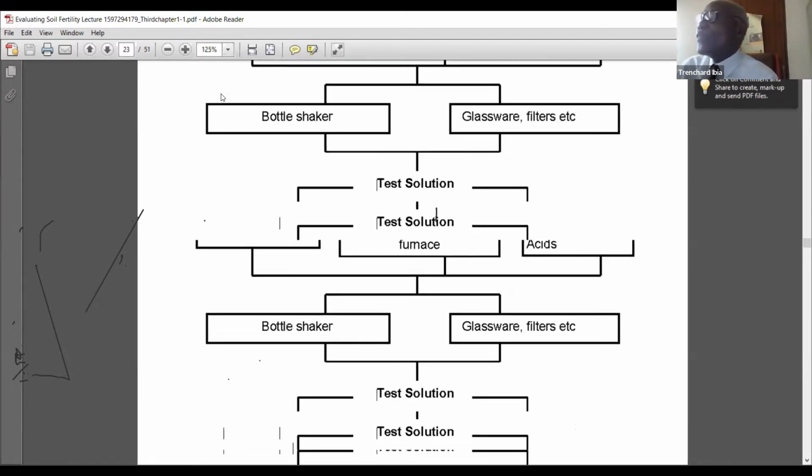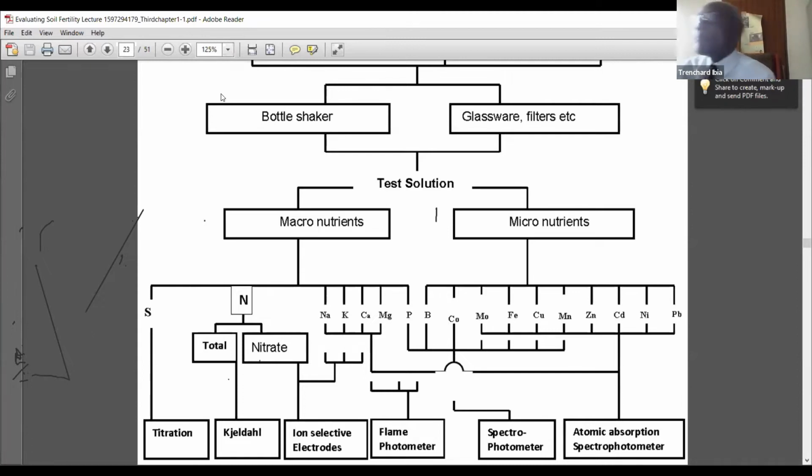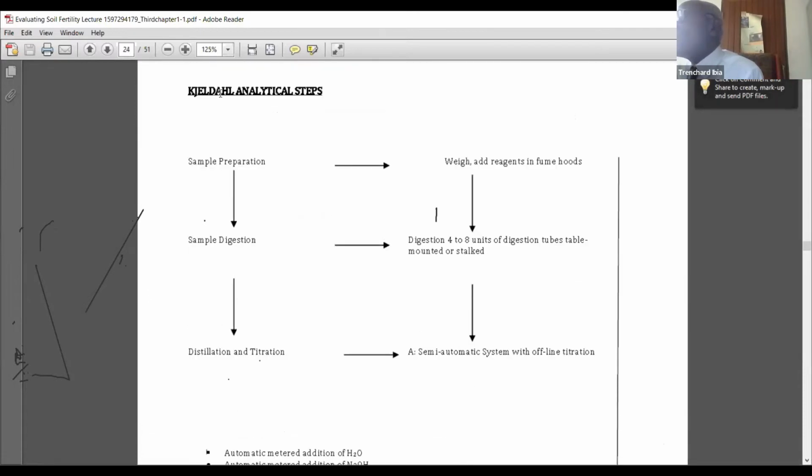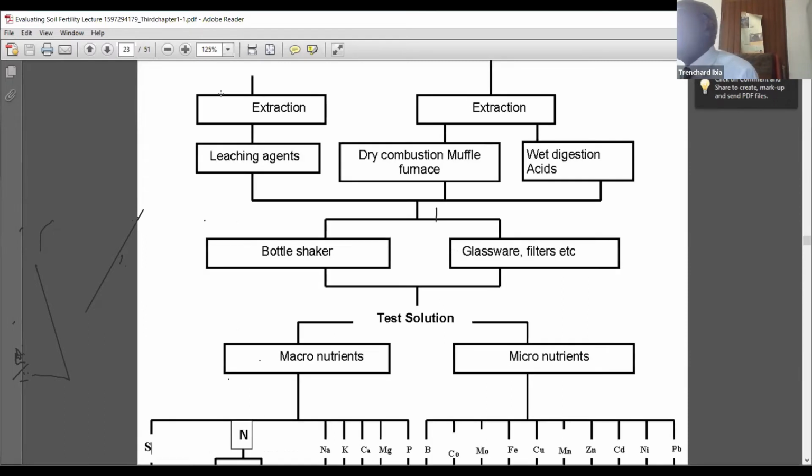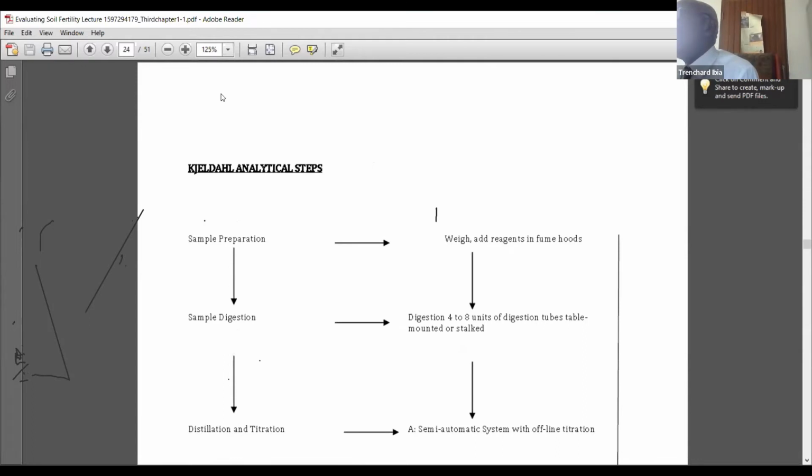But the base of the flow diagram shows the nutrients and possibly the method of determining them: titration using Kjeldahl, using ion selective electrode, using flame photometer, using spectrophotometer, using atomic absorption spectrophotometer for all the nutrients listed here: lead, nickel, cadmium, zinc, manganese, copper, iron, molybdenum, cobalt, nitrogen, potassium, magnesium, calcium, sodium.